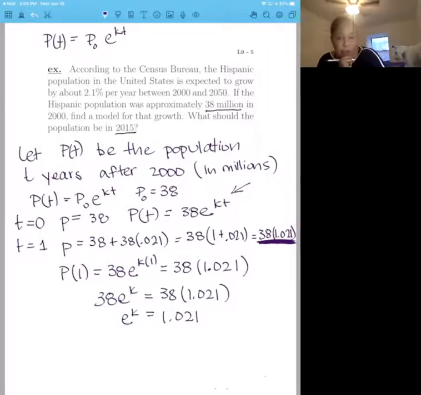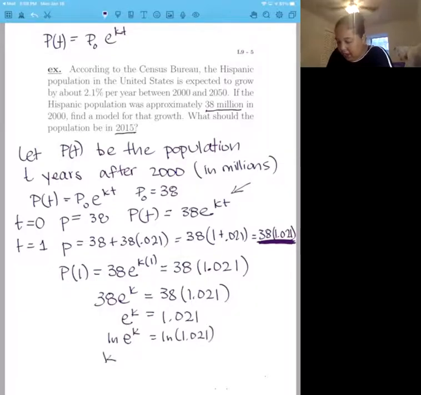All right, I'm going to take the natural log of both sides because I need to solve for K. So I have natural log of e to the K equals natural log of 1.021. K comes down in front, and the natural log of e is 1, so K is equal to natural log of 1.021.